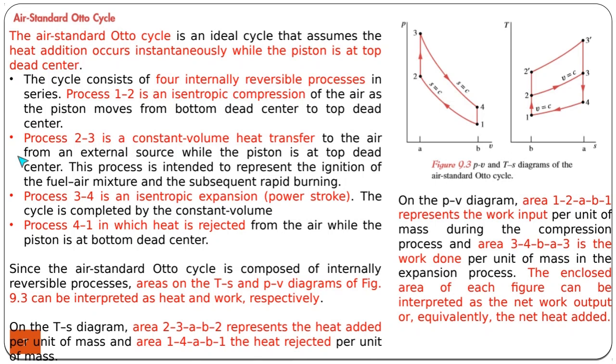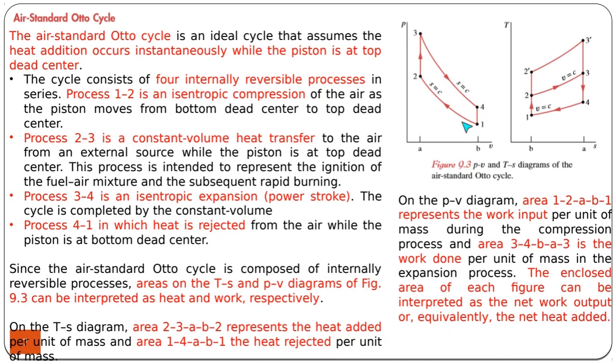So the first one is air standard Otto cycle, or spark ignition cycle, or gasoline cycle. You can call them by three names. In an air standard Otto cycle, first of all, as I had already told you, there is no inlet of the gases or exhaust of the gases, so we have only four processes.